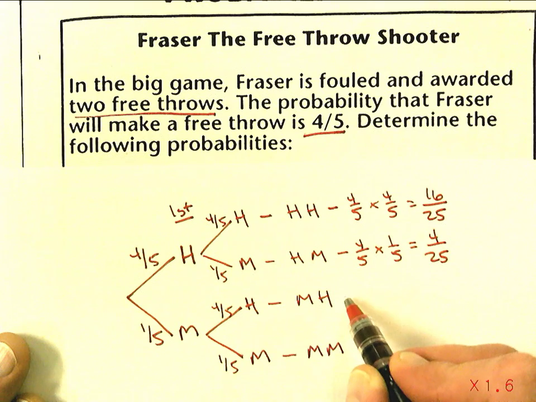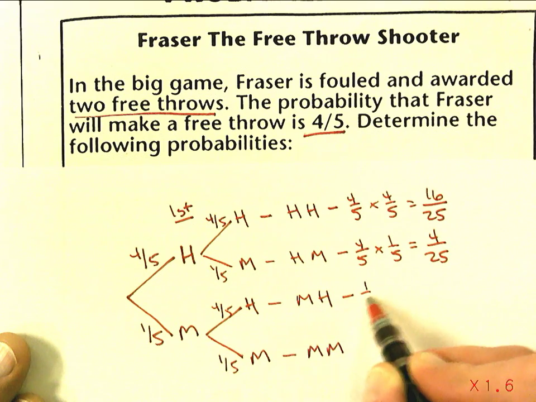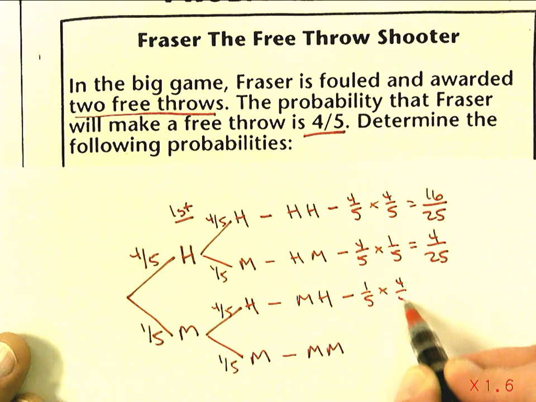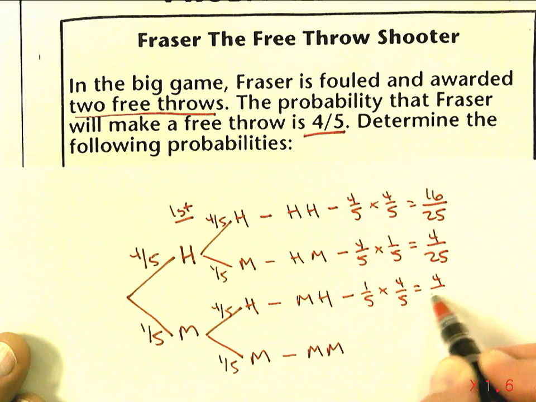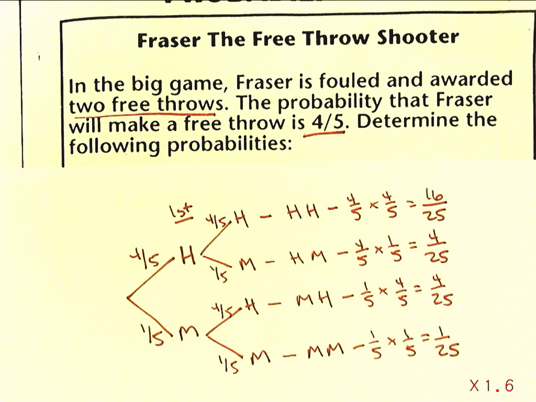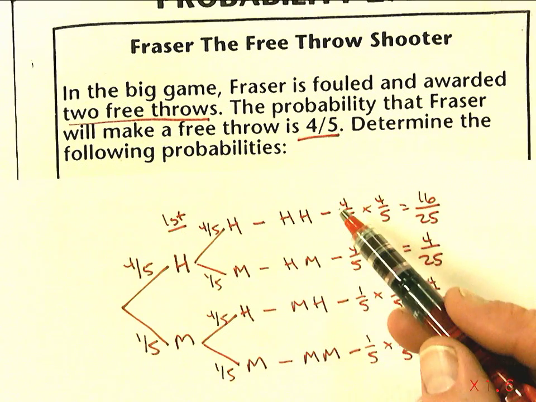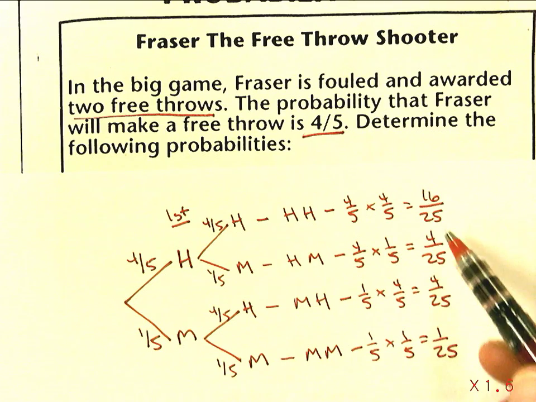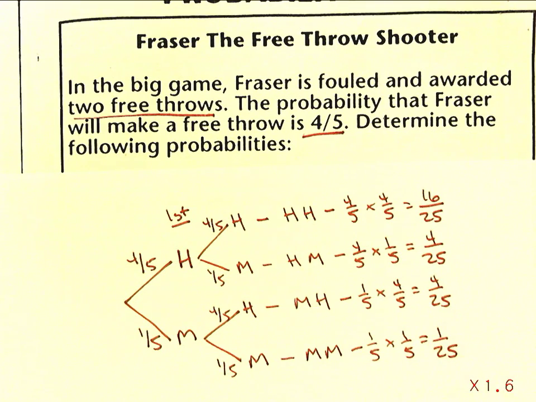And then miss and then hit, 1/5 times 4/5, or 4 out of 25. And then miss them both, 1/5 times 1/5, or 1 out of 25. So there's our different possible things that could happen when he gets 2 free throws and the probabilities that they will happen in each case.